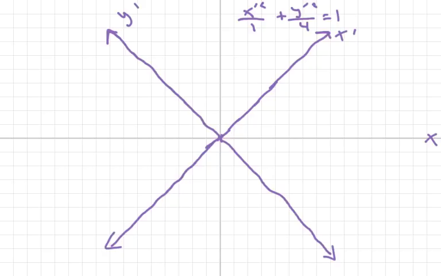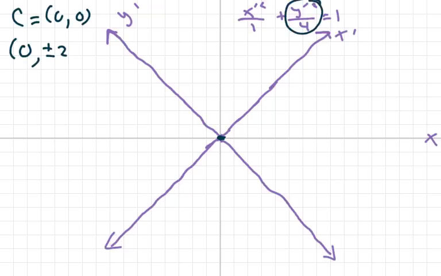My center is at the origin, so my center equals 0, 0. And my vertices are 0, comma, plus or minus 2. Remember, it's on the y, the bigger number.